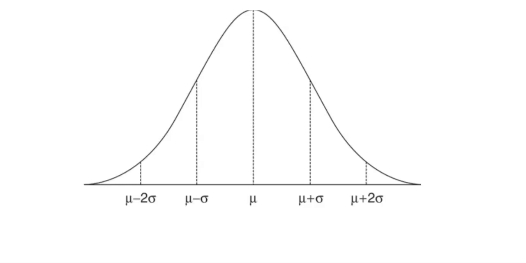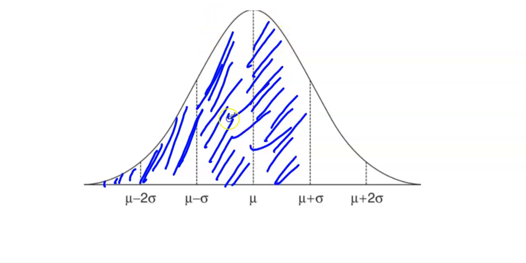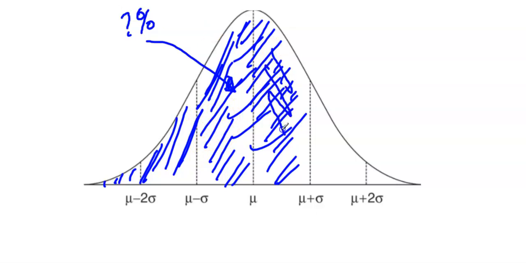One more simple question is, suppose I decide to shade starting from here. Shade all this. Okay. So now, what percent have I shaded now? Well, I've got the left half of the graph, that's 50%, and then this section right in here, we already said that was 34%.